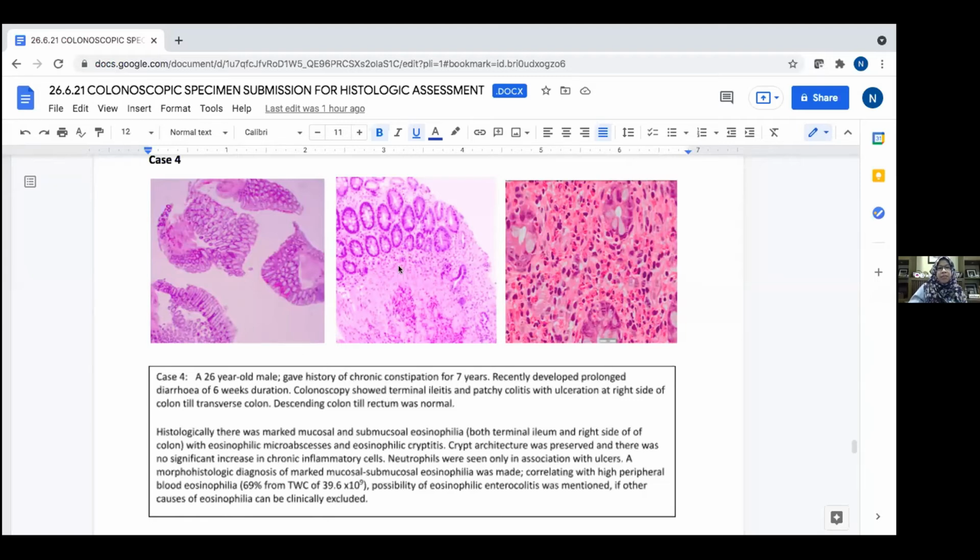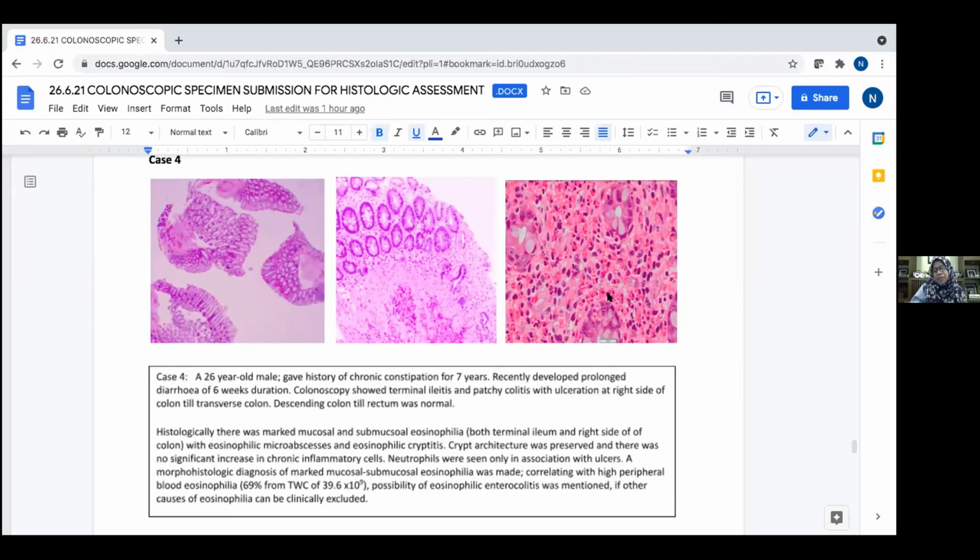And the low power view showed intact crypt architecture with not much increase in chronic inflammatory cells, but you see intense staining in the submucosa and mucosa, and on high power you see dense eosinophils within the lamina propria as well as some infiltrating the crypts.